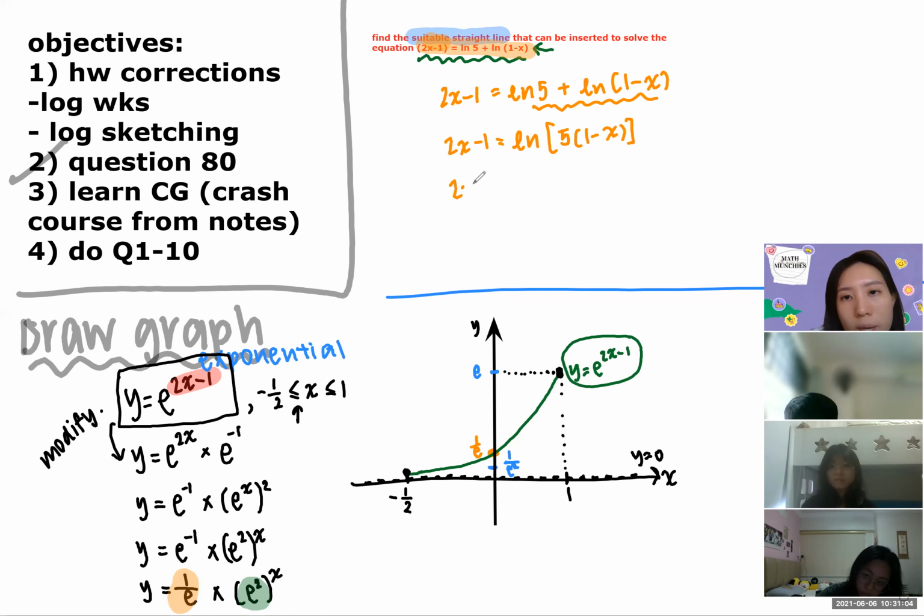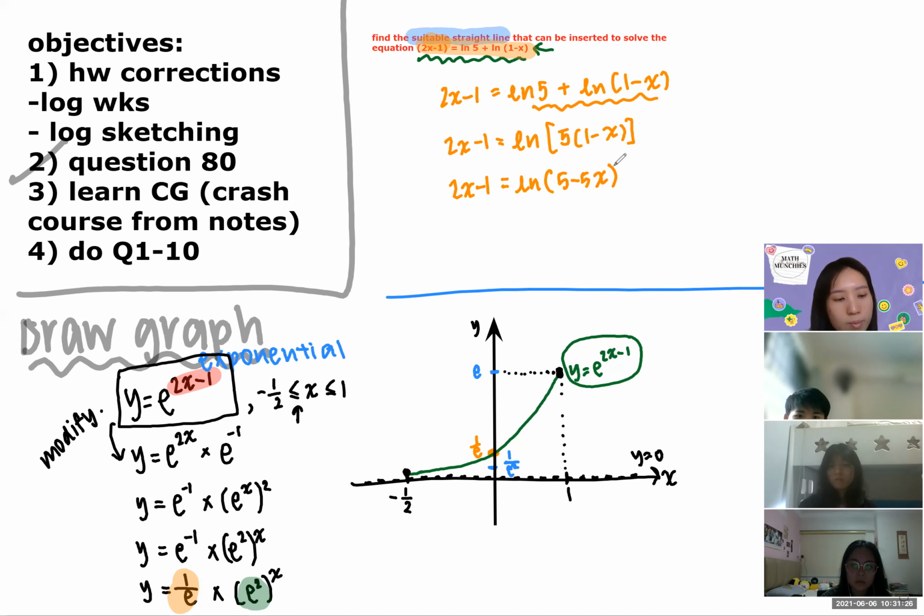Okay, so right now we can actually solve this, right? So what does this give me? 5 minus 5x. Done. Finish. Okay, then how do I continue?